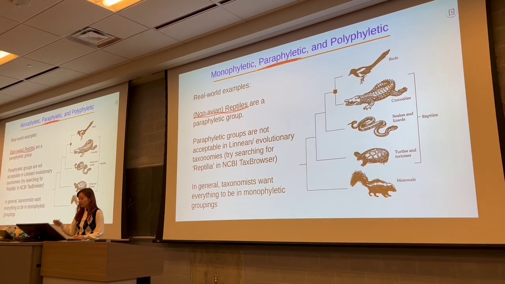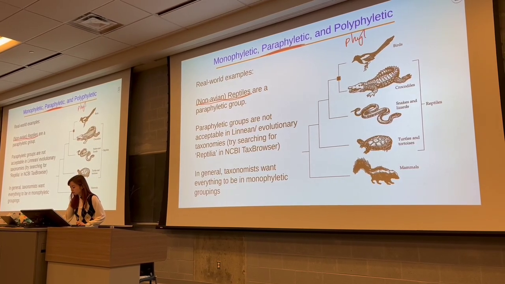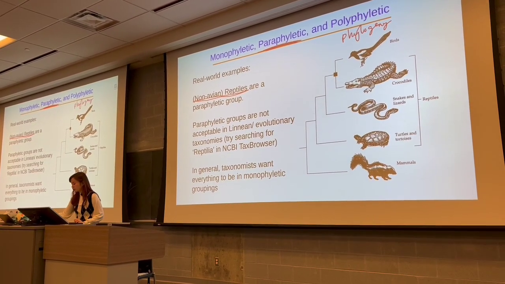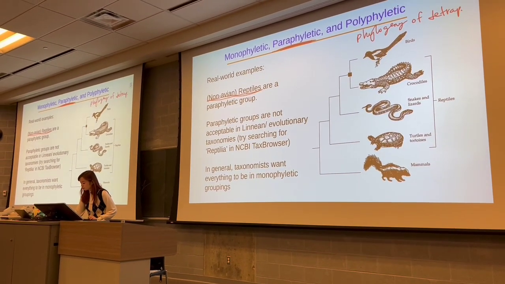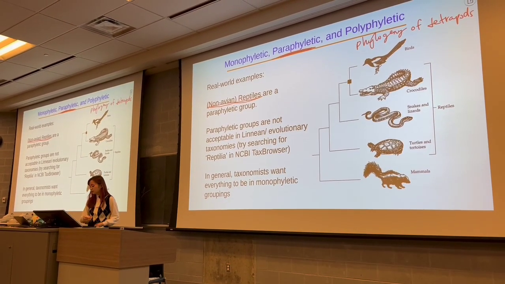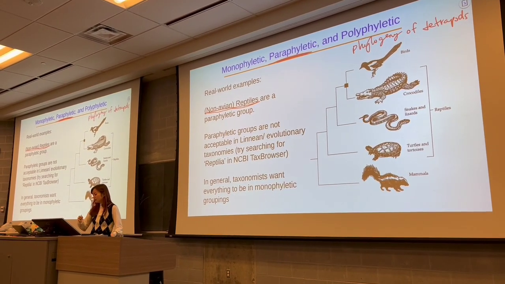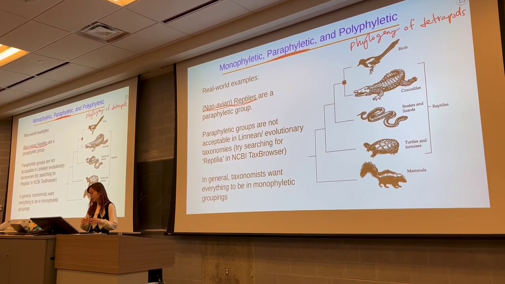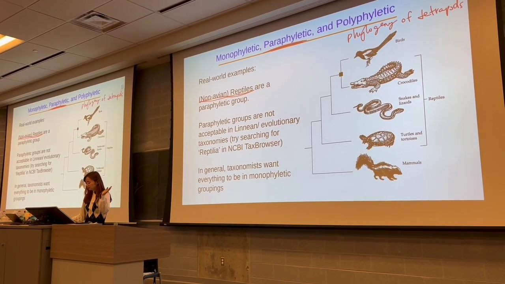Non-avian reptiles are a paraphyletic group, because if you look at this phylogeny of tetrapods, so this is everything that descended from, oh no, it doesn't have amphibians, but it's things that descended from whatever fish decided to come up on land, and then now we have to learn evolution. It was a terrible decision.